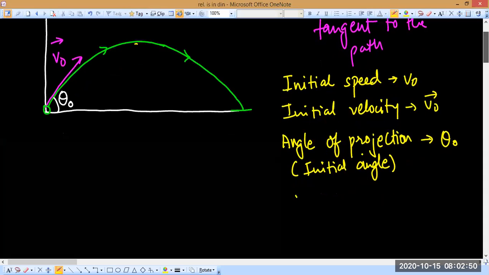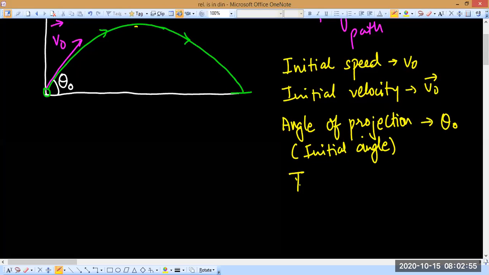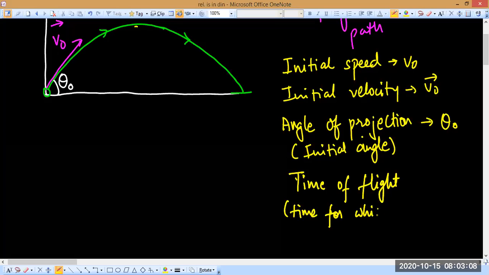Then the next term is time of flight. Time of flight means the time for which it remains in the air.